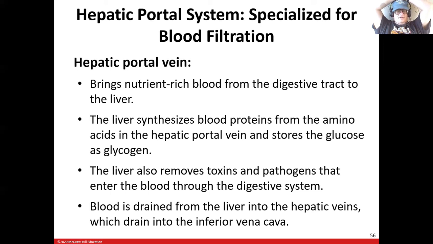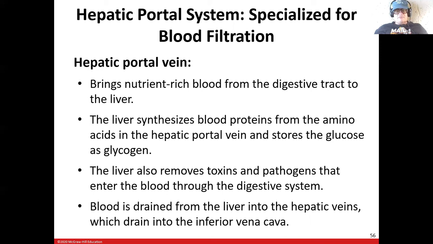The liver is going to take those amino acids from the digestive system and make proteins. And it's going to take glucose that's floating around in the blood and turn it into glycogen. It will remove toxins, including alcohol, things that could make you sick. The liver is a big filter. It makes things, but a lot of filtering.